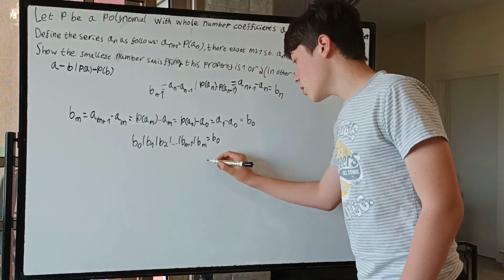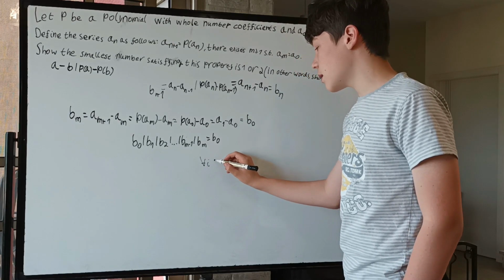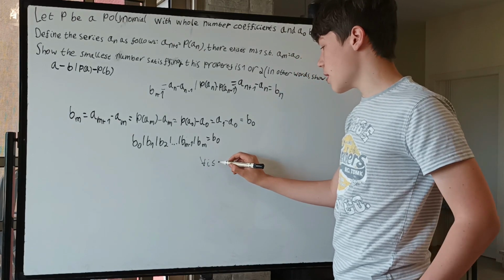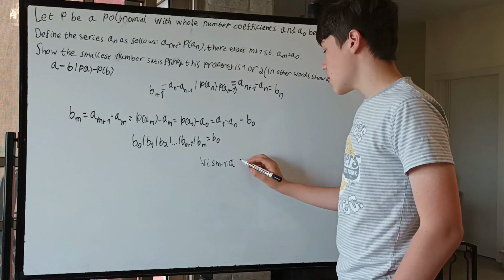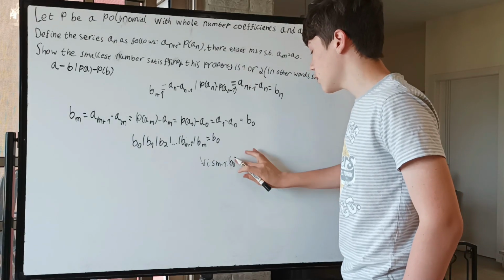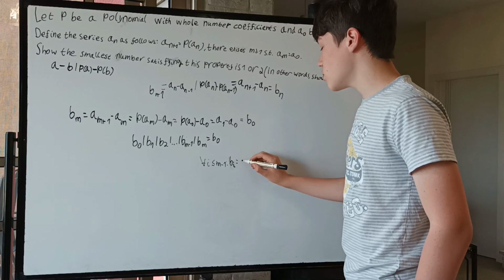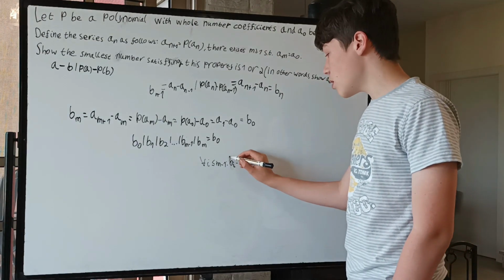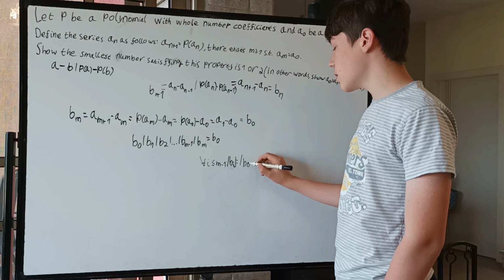So now we know for all i smaller than or equal to m minus 1, not a, but bi is equal to plus minus b0, or in other words, the absolute value of bi is equal to the absolute value of b0.